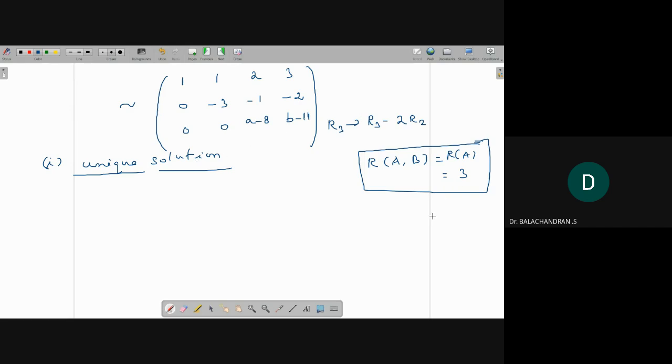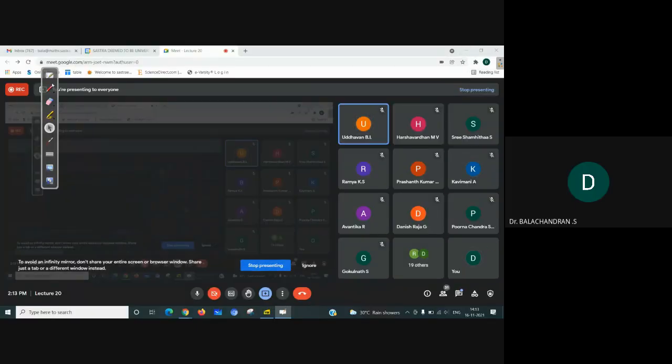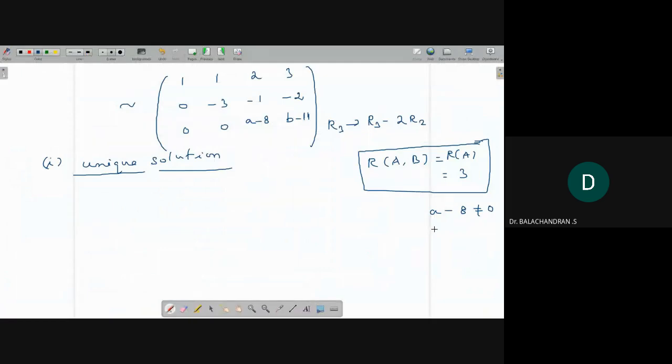First, I'm doing A minus 8, which is not equal to 0. What about B minus 11? Sir, it may be 0 or it may not be. Very good. It may, so B takes any value.